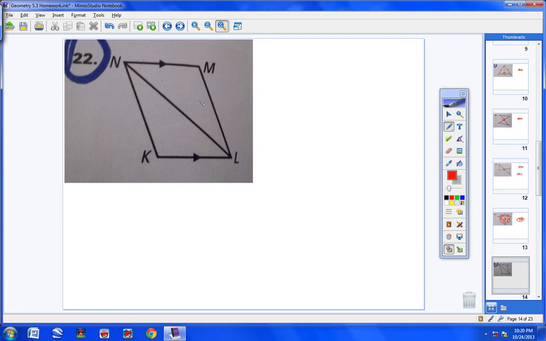Now, the only thing we really know here, let's be careful. We know we have a line here and a line here, and we know they're parallel, okay? And then we have a transversal cutting those two parallel lines. So we know this angle here is congruent to this angle here because alternate interior angles are congruent.